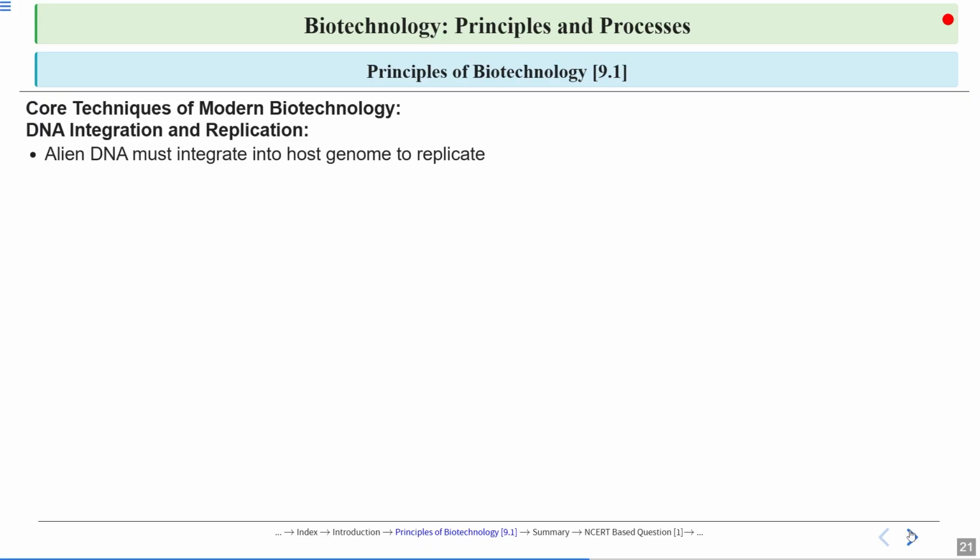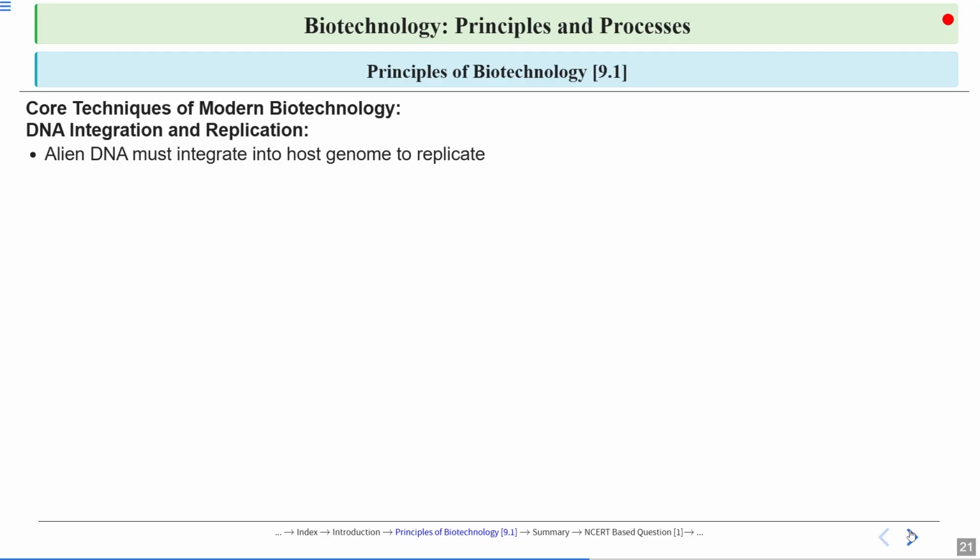Yeah. So the first thing that should happen is that alien DNA must integrate into the host genome to replicate. It means, as I told you, for making recombinant DNA we have to take DNA from two different sources. So the alien source, that is the foreign DNA, that we have taken must go and integrate into the host genome.